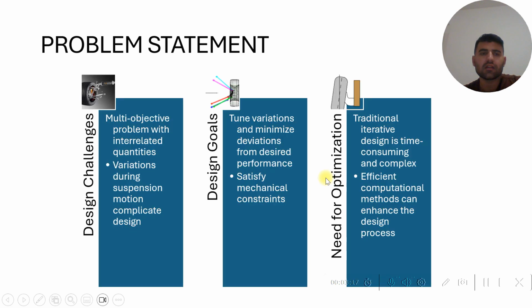So let's go to our problem statement. This is our design challenge, a multi-objective problem. Designing suspension is a complex task that includes various quantities. If we discuss camber and toe, it is very difficult to balance these quantities, which vary during wheel motion, making the design process very complex.